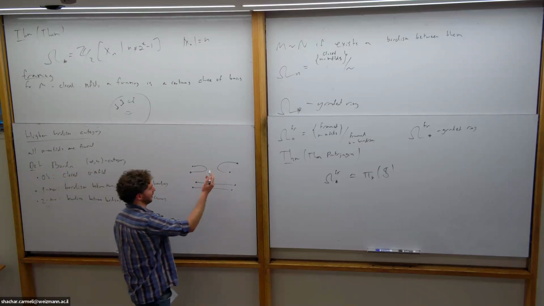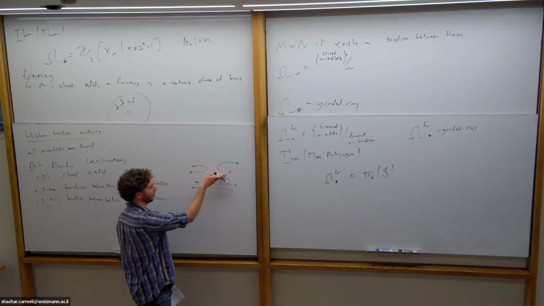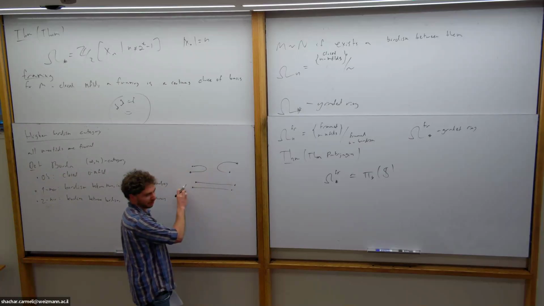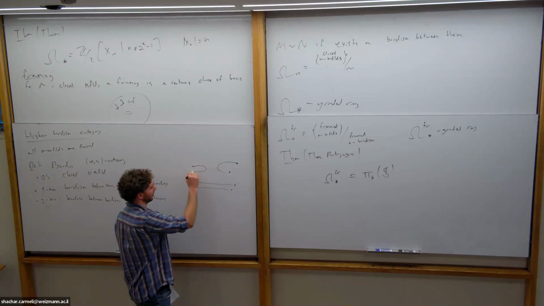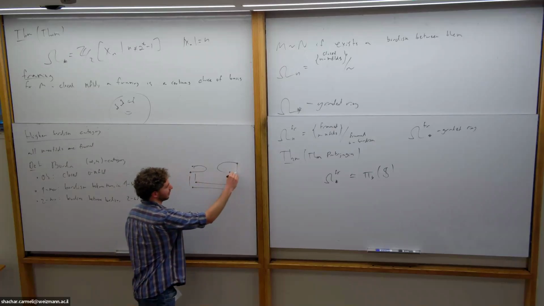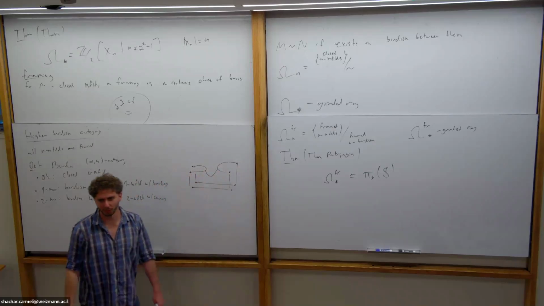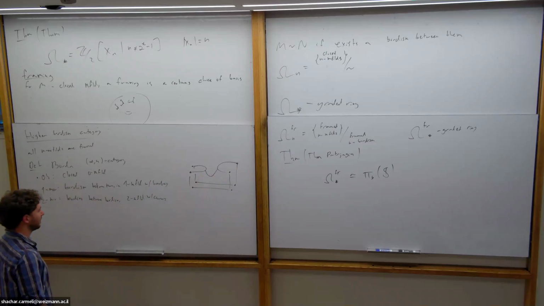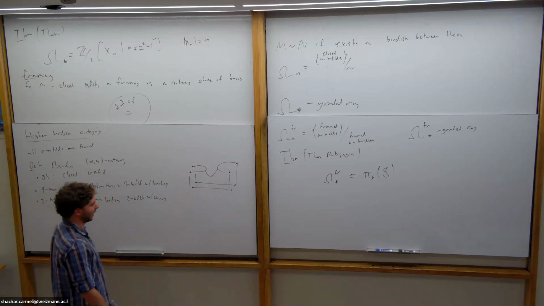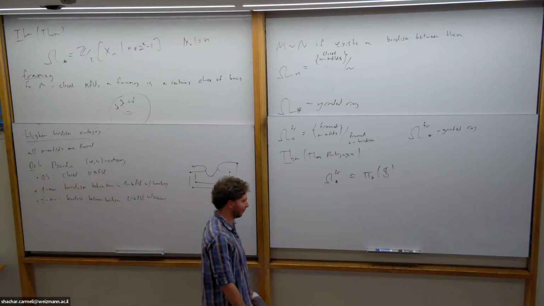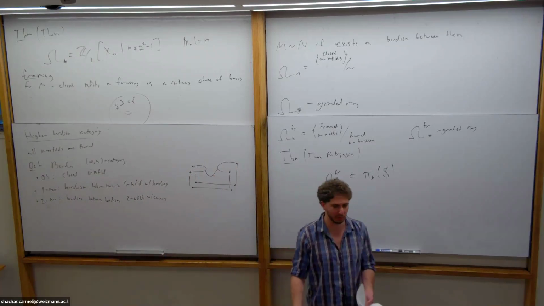So for example, if we have those two bordisms, this is the first one, this is the second one, then we have these two bordisms between them. Don't forget, everything is invertible here? No. Generally, a bordism will not be invertible.